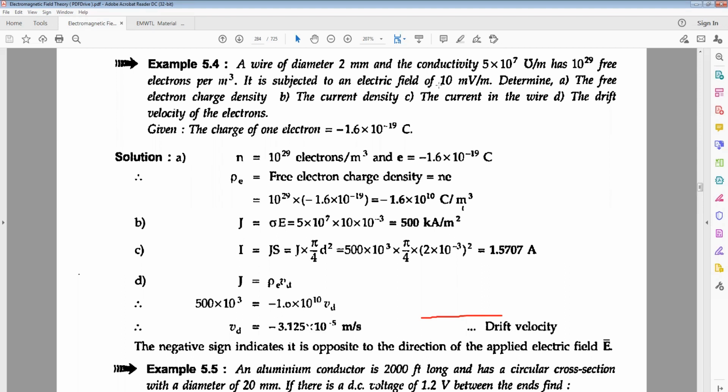It is subjected to an electric field of 10 millivolts per meter. Determine the free electron charge density.